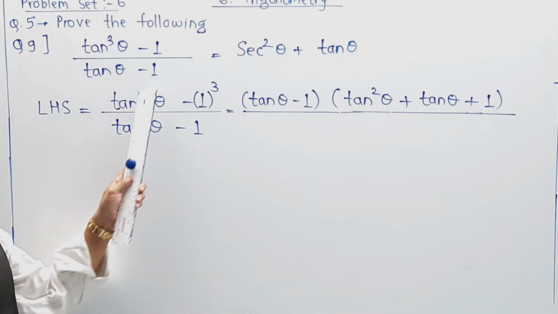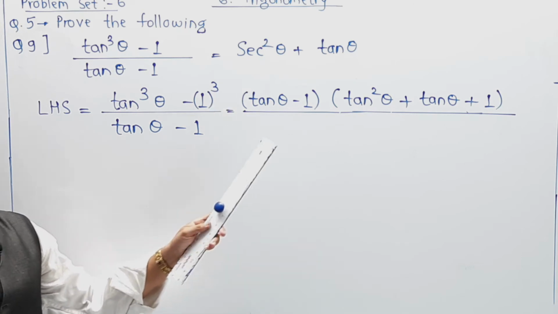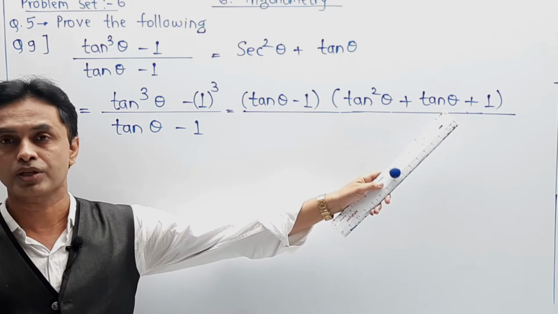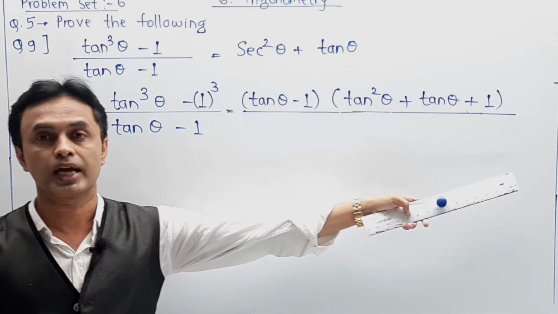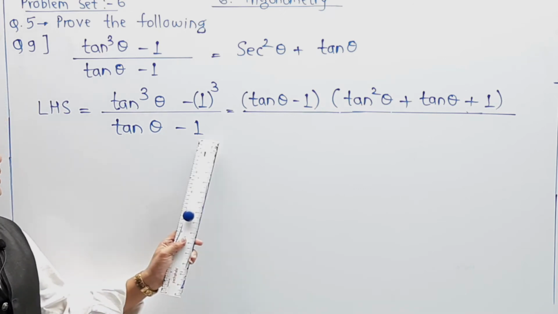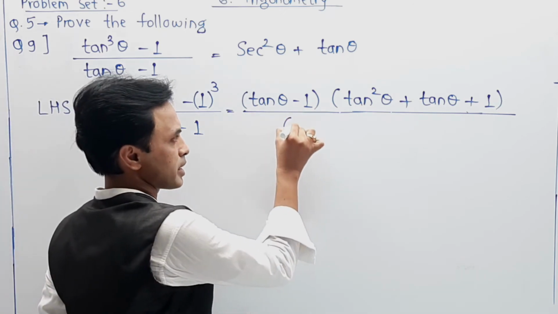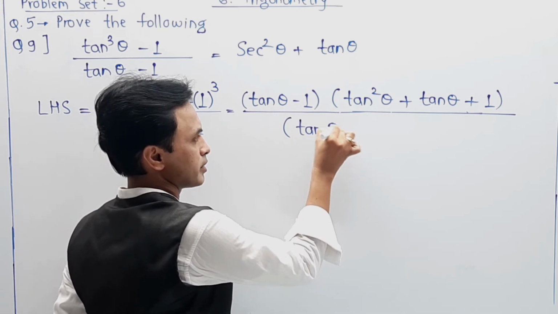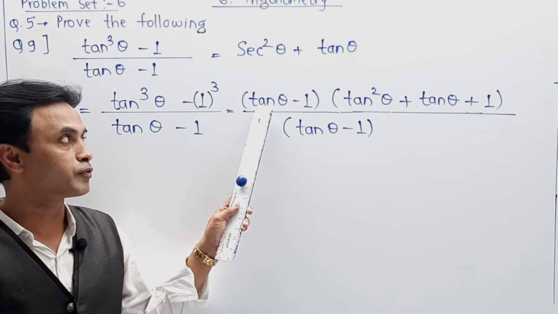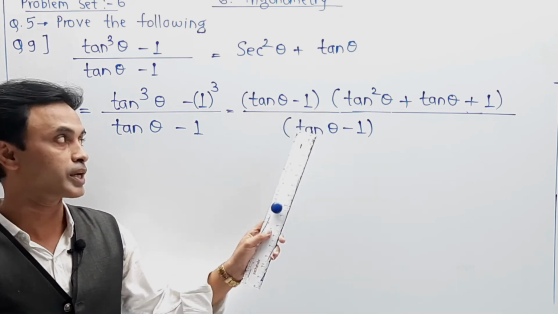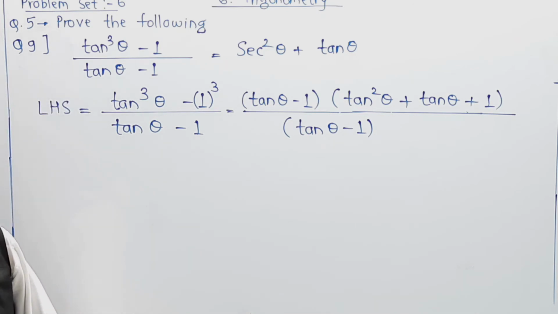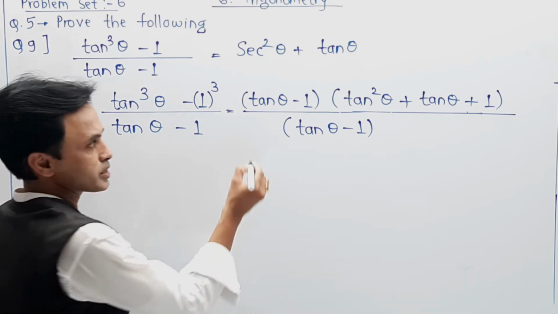Now once again, the factor of tan cube theta minus 1 cube is tan theta minus 1 in bracket tan square theta plus tan theta plus 1, with the help of the a cube minus b cube factor. Now your base is tan theta minus 1. Now we can see the bracket tan theta minus 1 in the numerator, and the second tan theta minus 1 in the denominator.